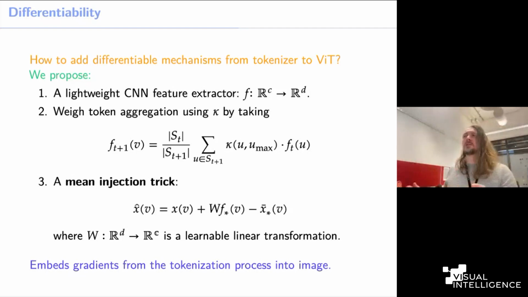So these superpixel features that we use to aggregate in the tokenizer are projected back and replace the mean of the original pixels. In that way, we get an image that has features from the tokenization process built into it. So when we interpolate, these features will be inherent in the image, and the ViT will have gradient signals from the tokenization process.